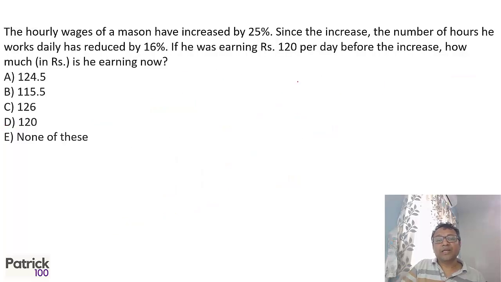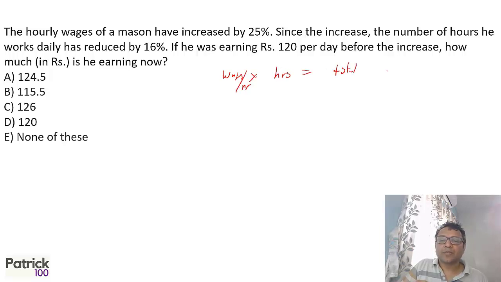The hourly wages of a mason increase by 25%. Now this is compounding. What is compounding? It basically means that wages per hour into number of hours will give you total wages. Since it's compounding, you can use the formula A plus B plus AB upon 100. So it becomes 25 increase minus 16 decrease, minus 25 into 16 upon 100.